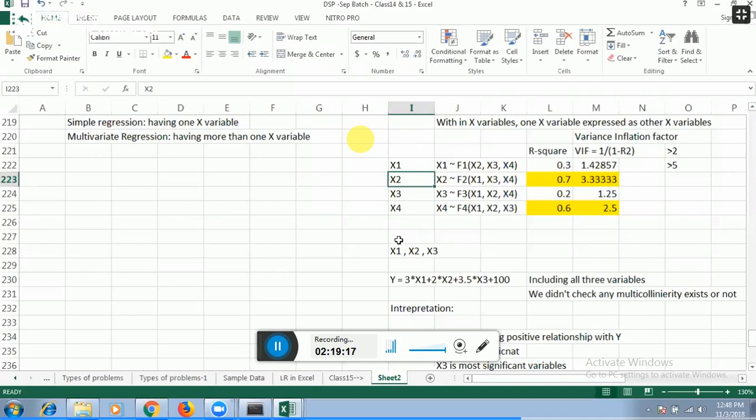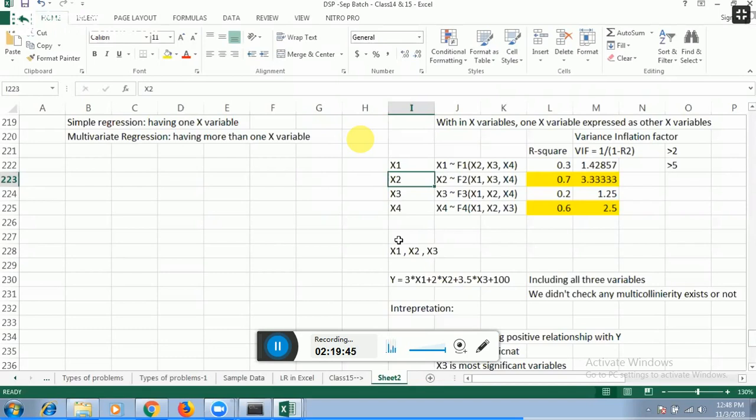Individual variable-wise R square and individual variable-wise VIF are both the same and talk about the same thing. But VIF is more appropriate because it's easy to understand, otherwise you will get confused with the overall R square.